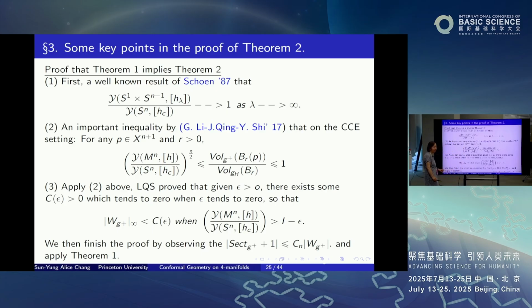Actually, we control the L2 norm of the Weyl tensor, and that's going to be small. And when the Weyl tensor is small, and we are in a Poincare-Einstein setting, one sees the sectional curvature is in a neighborhood of -1. So it's negative. So theorem 2 follows from theorem 1.